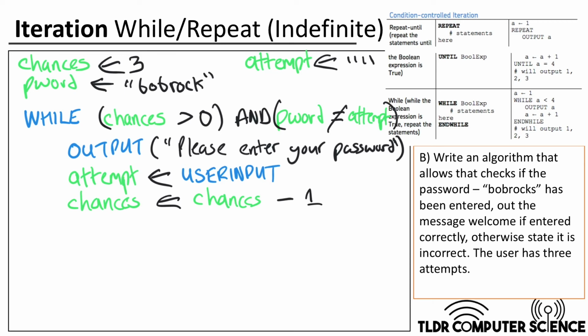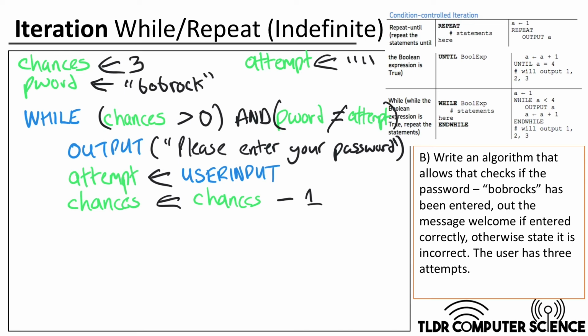We said, please enter your password. The attempt was user input. They've typed it in. Maybe they've got it right, who knows? But whatever has happened, the chances has now gone down by 1. So at this place here, chances is now gone down to 2 because we've just taken the -1 off there.